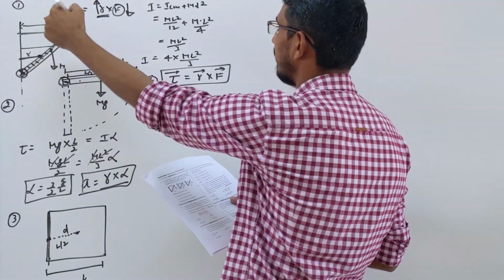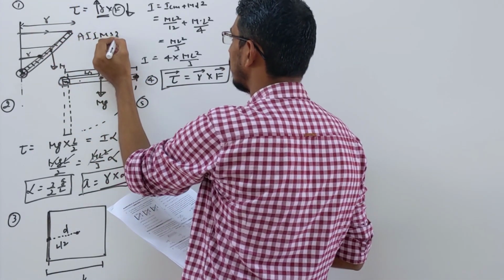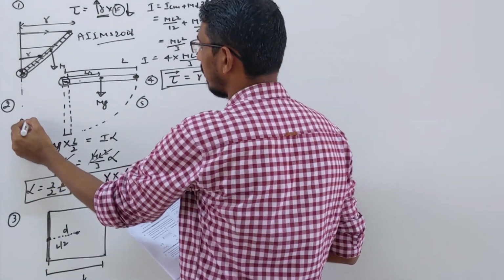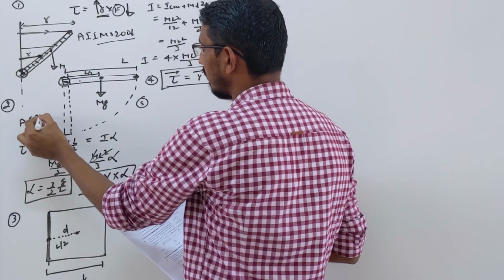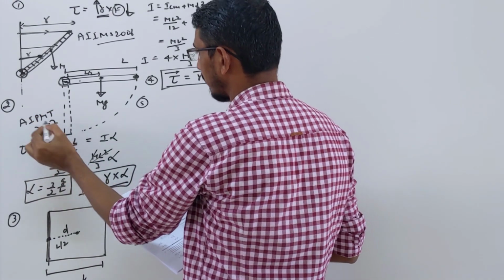So let me write: the first question was asked in AIIMS 2006, and the second question was asked in AIPMT, means your NEET exam, it used to be called, 2007.